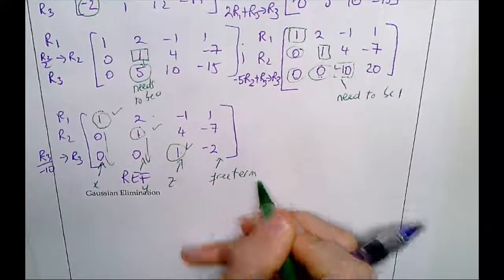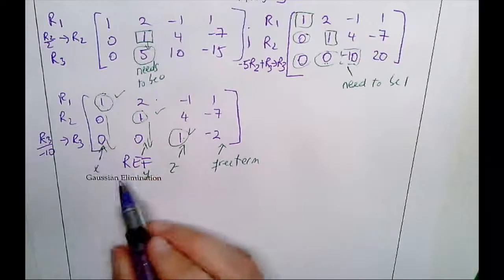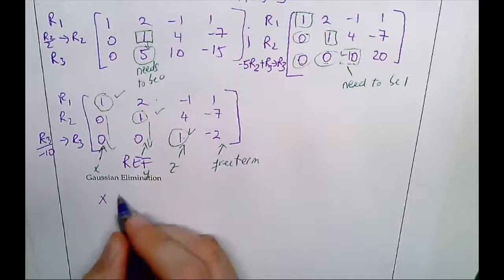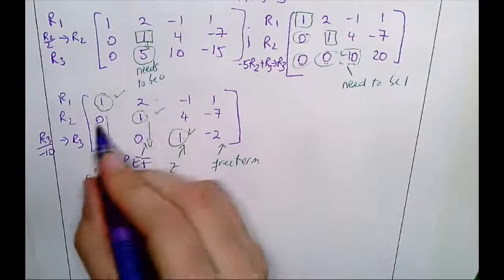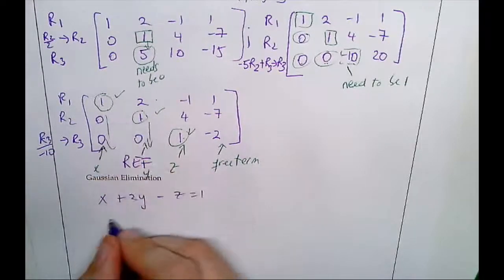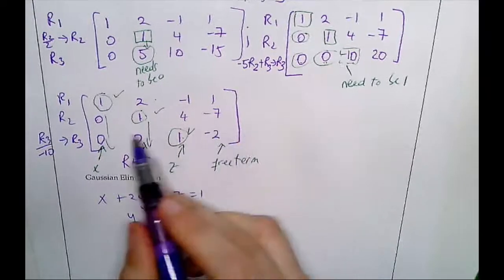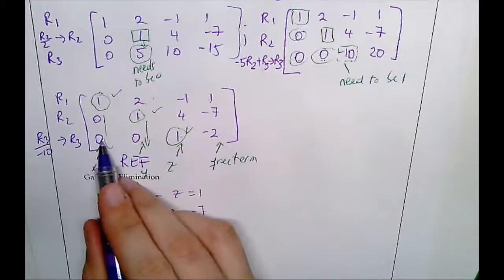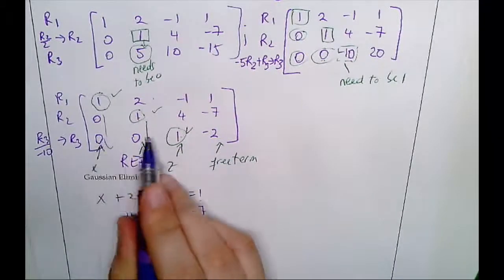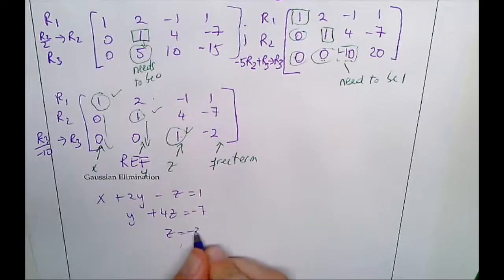So if I write the system now, I get x plus 2y minus z equals 1. Y plus 4z equals negative 7 from the second one. And then x has 0 coefficient, y has 0 coefficient, z equals negative 2.